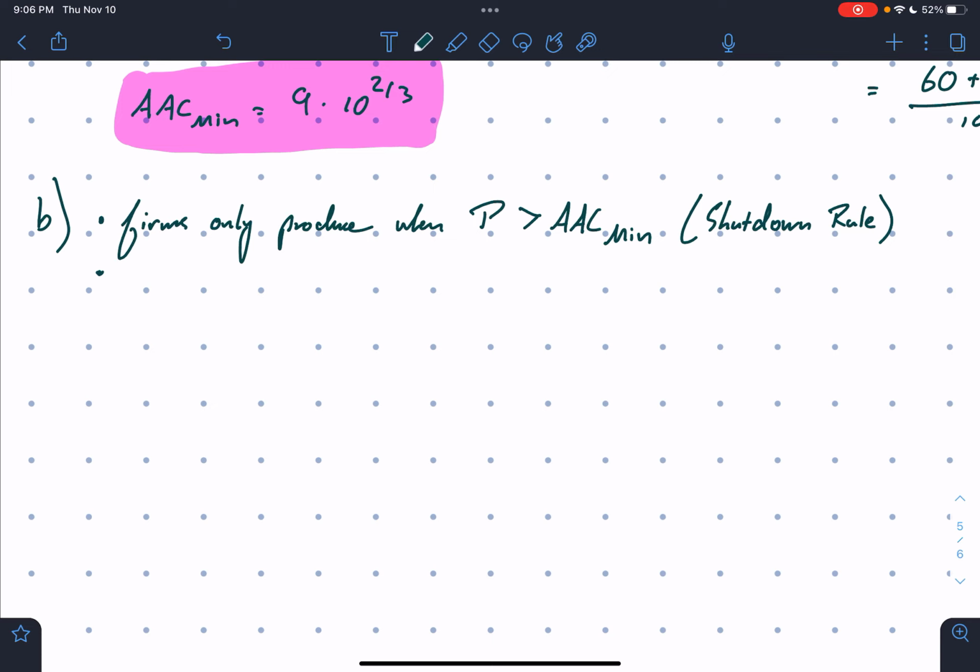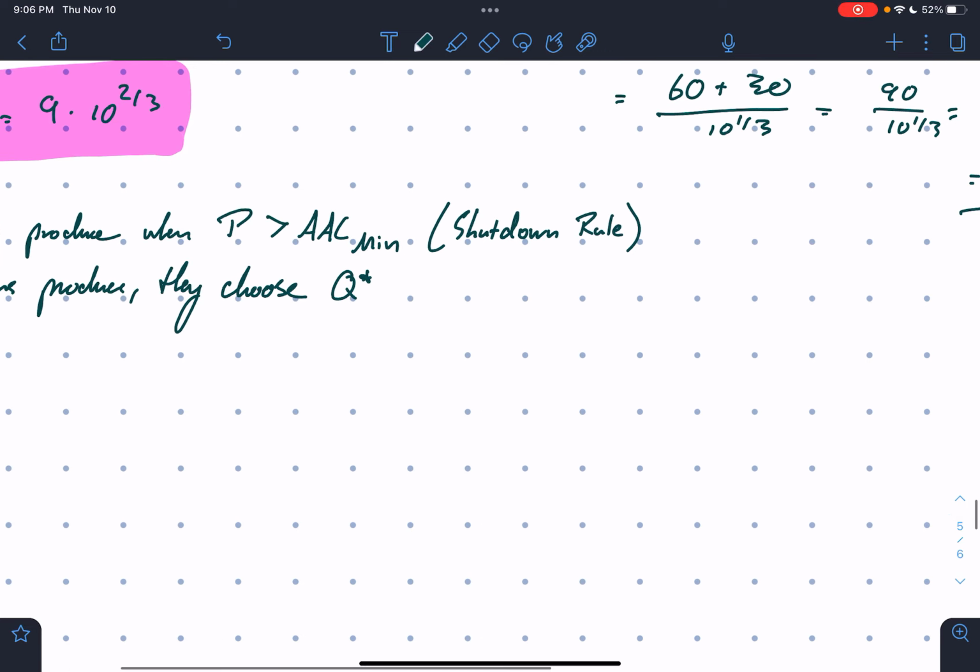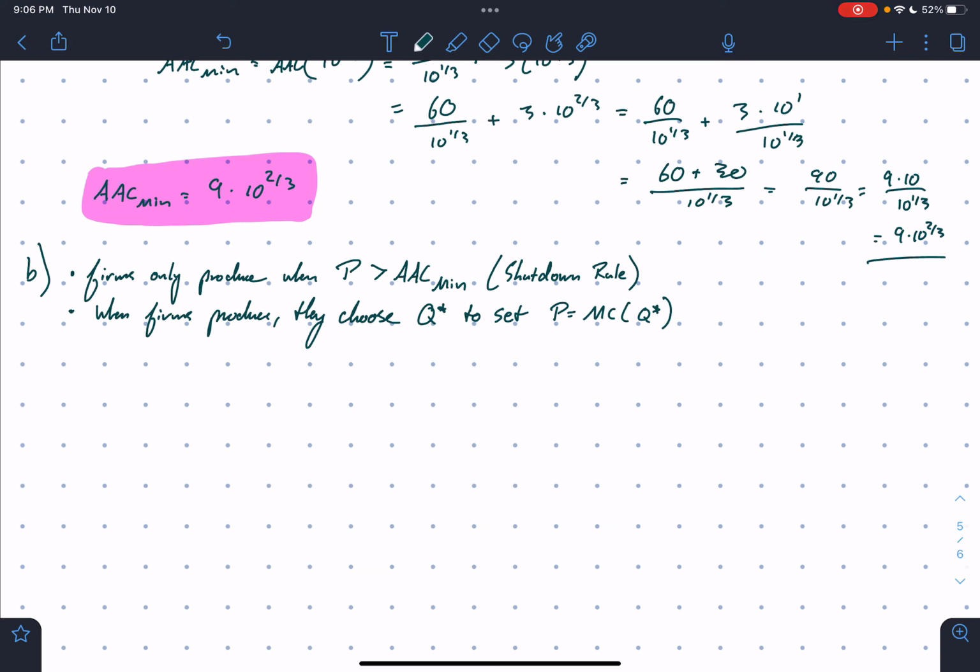Second, when firms produce, they'll set price equal to marginal cost. So they choose to produce some Q star to set P equal to the marginal cost of producing that quantity. All right, so these are the two facts that we'll use.